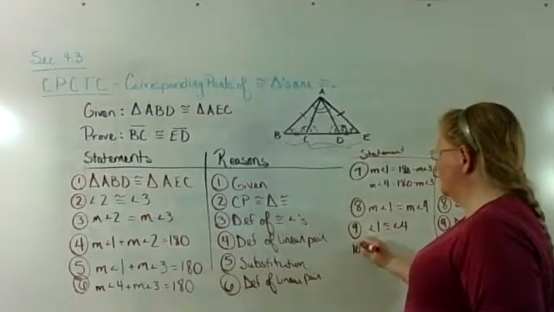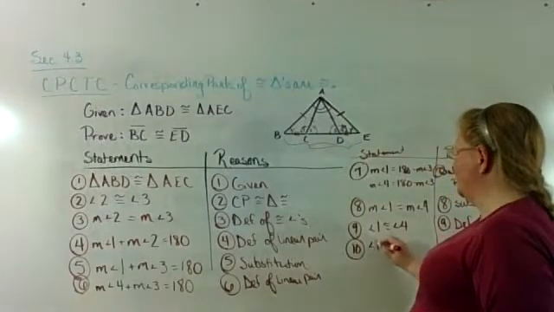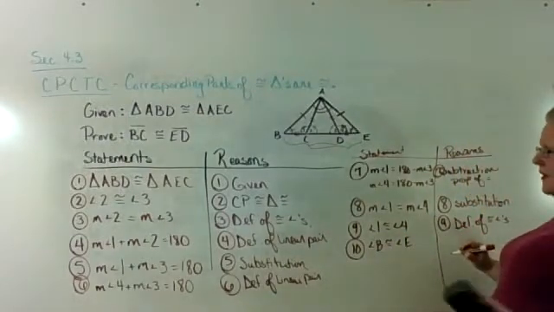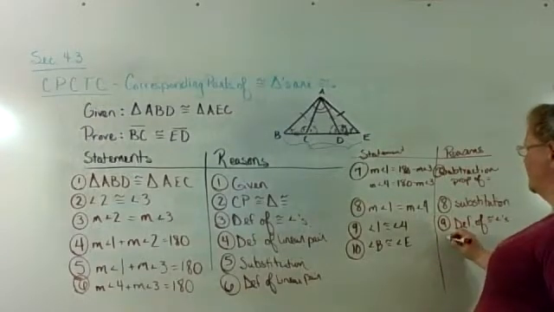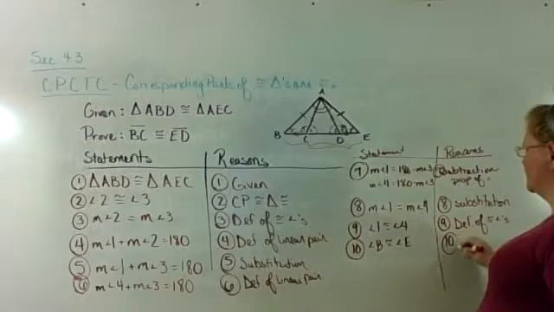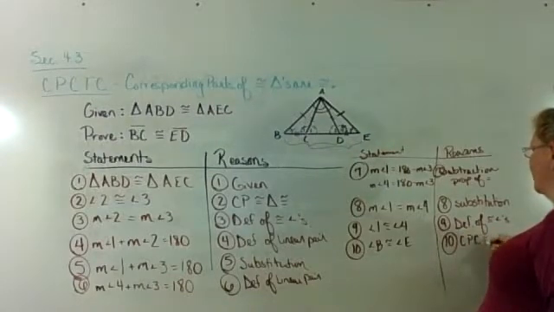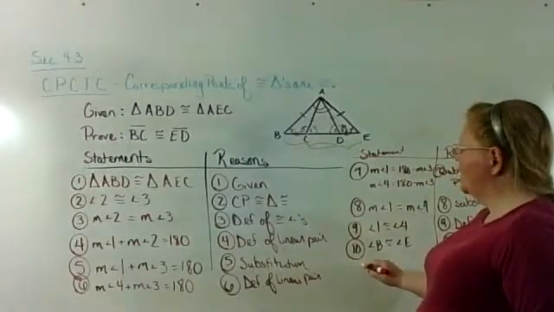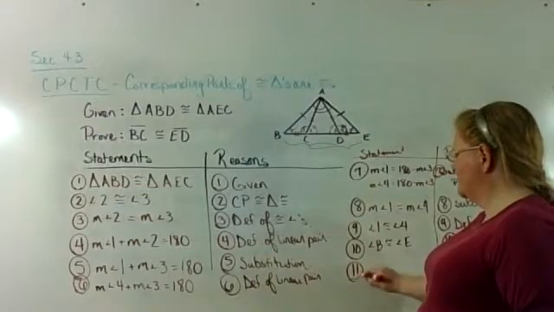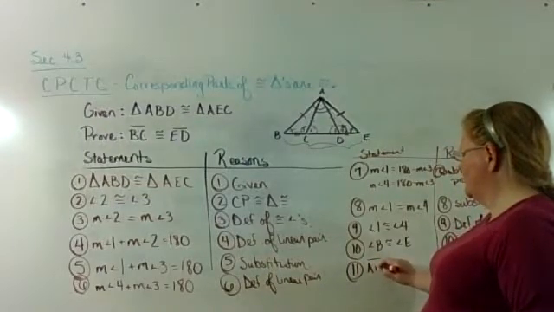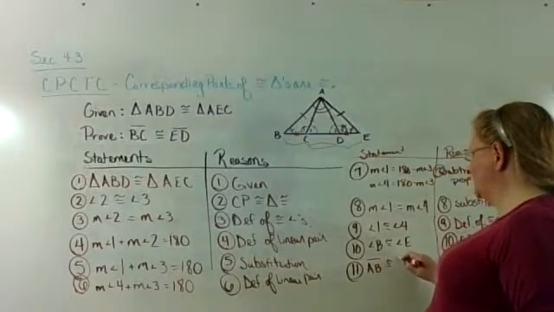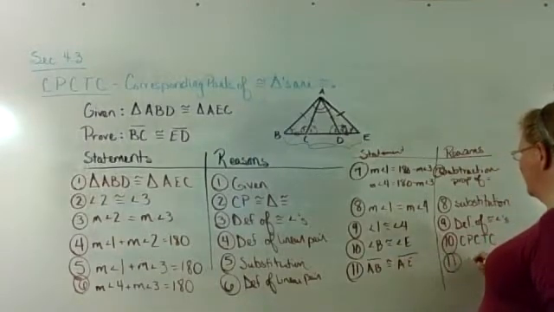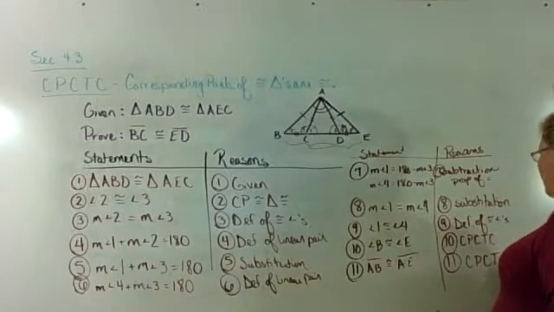And then number 10, let's get in that angle B is congruent to angle E, since we need that for our proof, which is corresponding parts of congruent triangles are congruent. And the same thing about AB and AE. AB is congruent to AE because corresponding parts of congruent triangles are congruent.